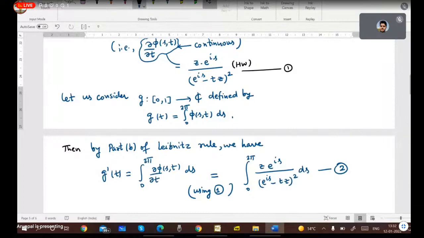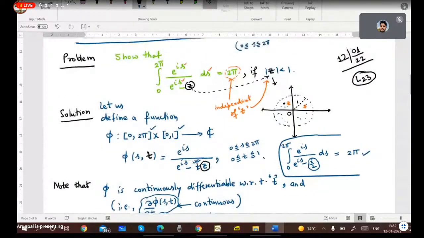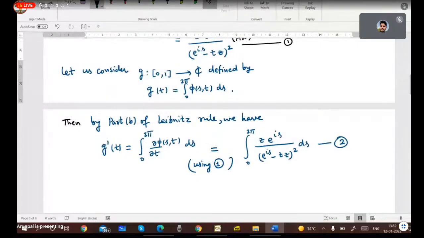In fact, class, to calculate the value of this given integral, let me tell you what my approach is going to be. My approach is going to be that I am going to show that this function g is constant.